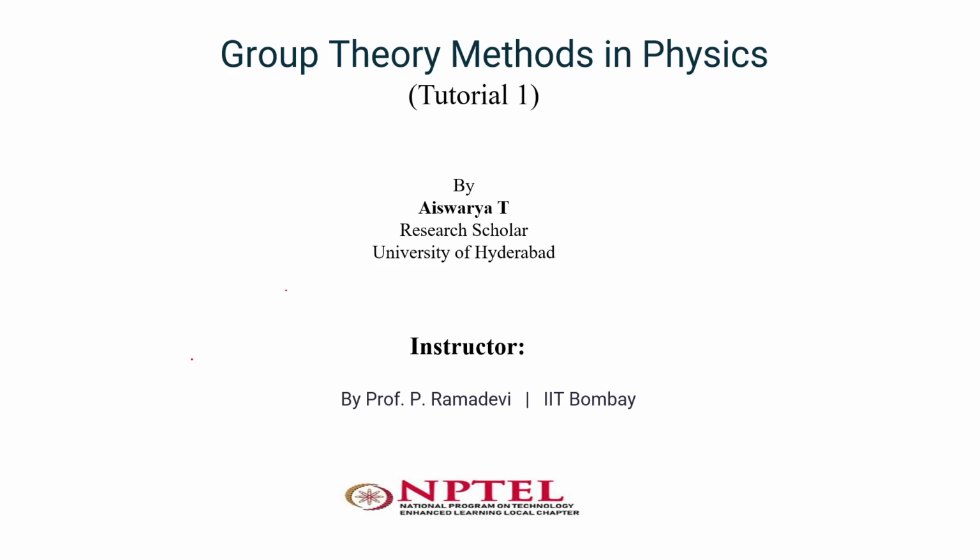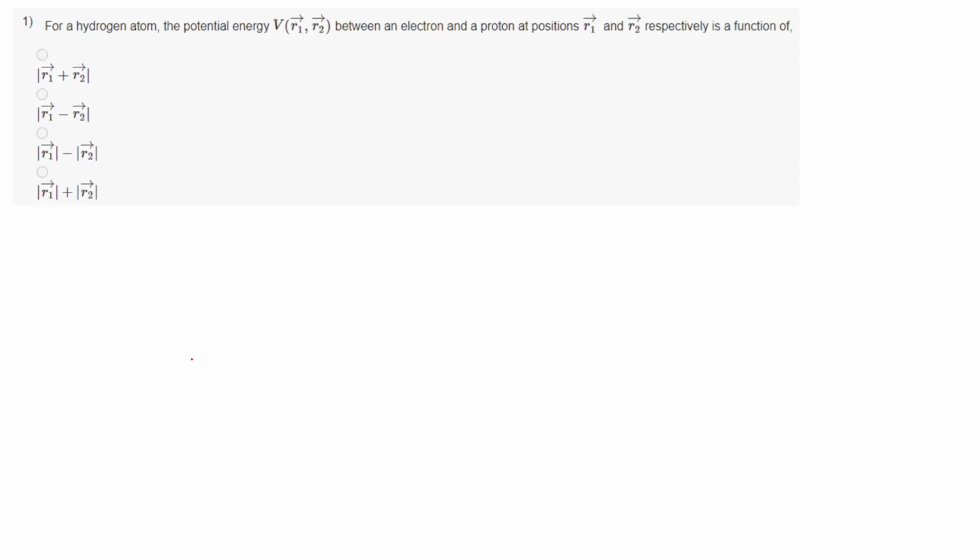so now let us start with some basic problems first. The first problem: for a hydrogen atom, the potential energy V(r1, r2) between an electron and a proton at positions r1 and r2 respectively is a function of... I told you already, the first few problems are very basic, and the prerequisites you should know are linear algebra, quantum mechanics, and special theory of relativity.